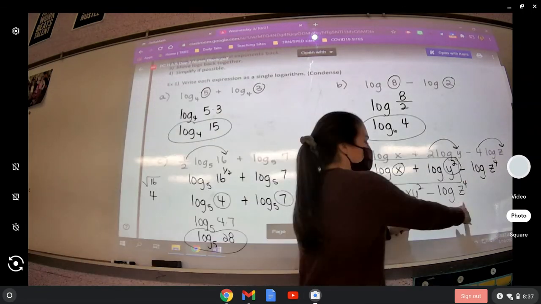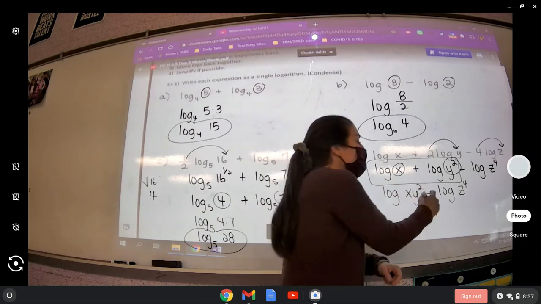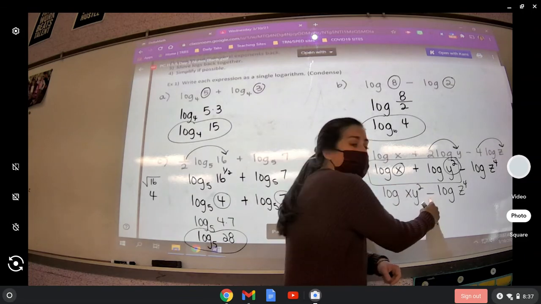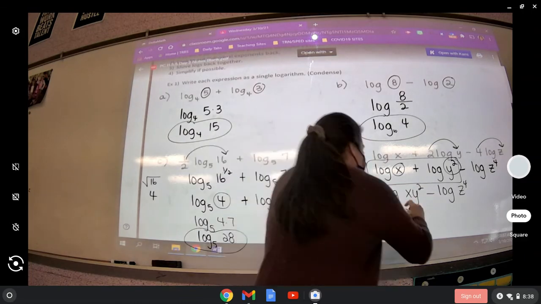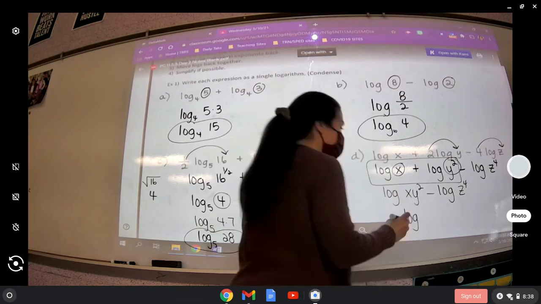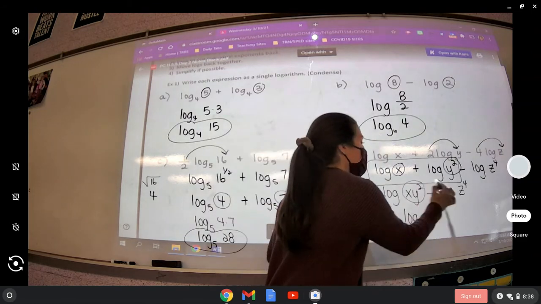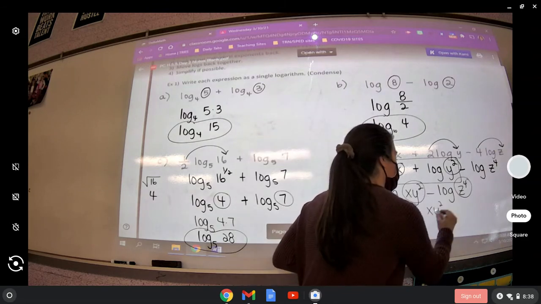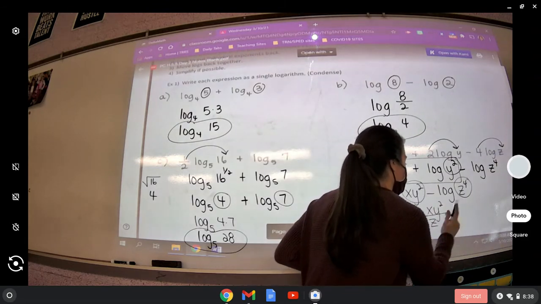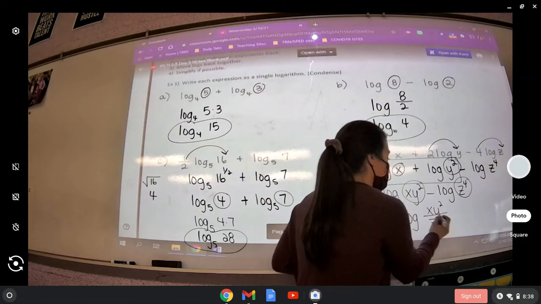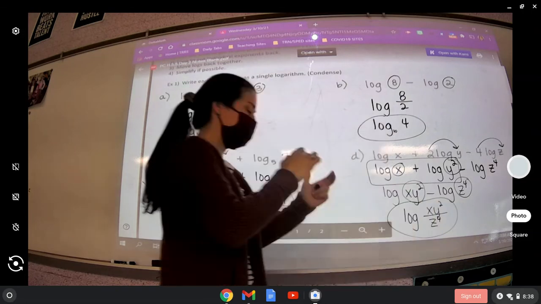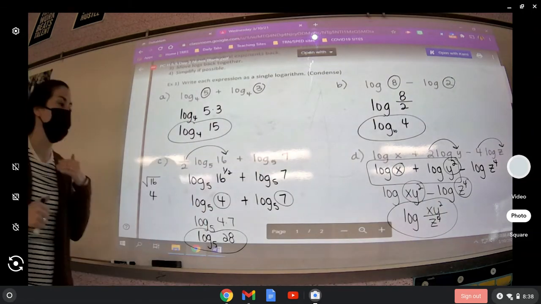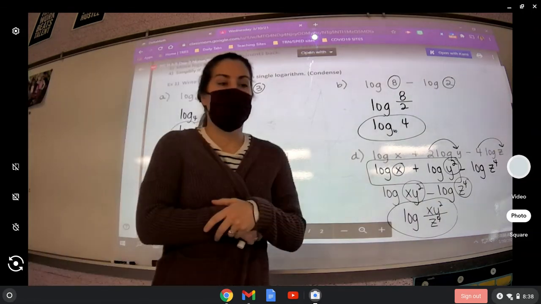So now these 2 logs can go back together using division since they're separated by subtraction. So now it'll be the log of this divided by that. And there's your simplified final answer.